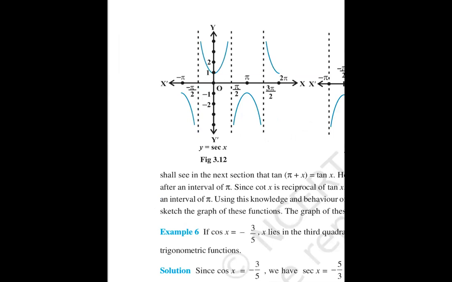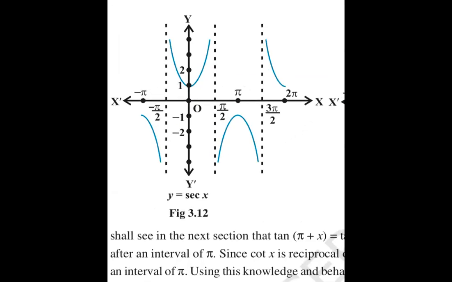It goes from 0 to pi by 2, 3 pi by 2. There is a gap between pi by 2 and 3 pi by 2 where it is negative, then again it is positive, then again negative, like this. Now you can draw it at home.